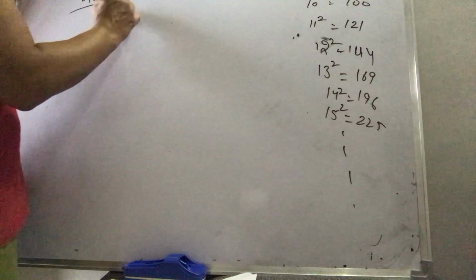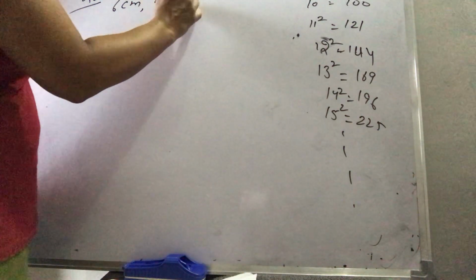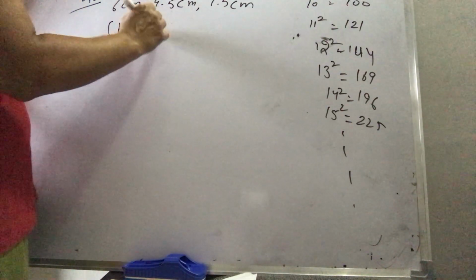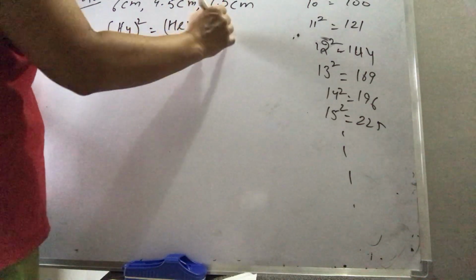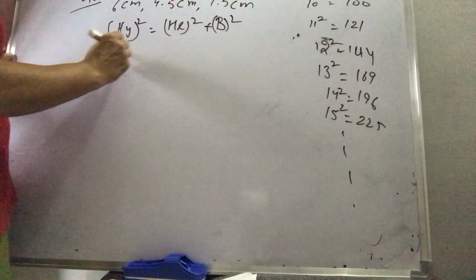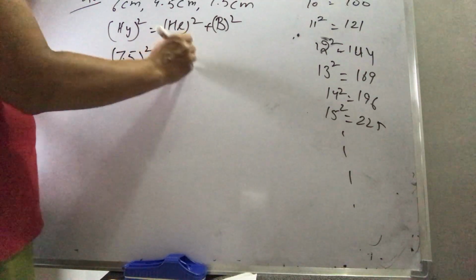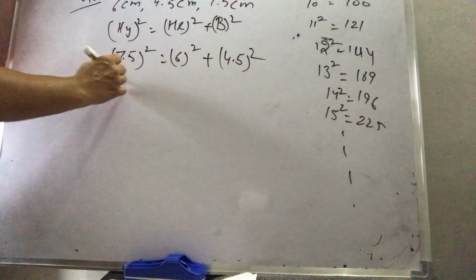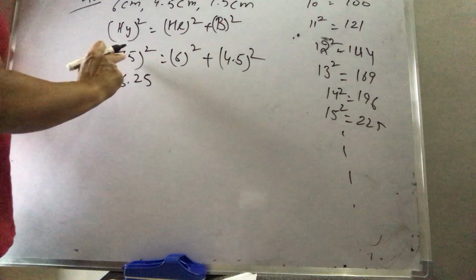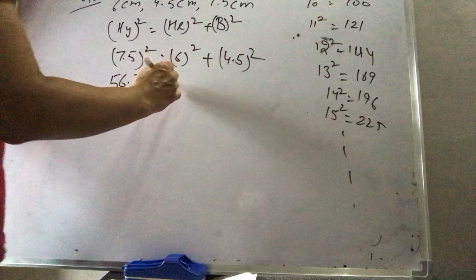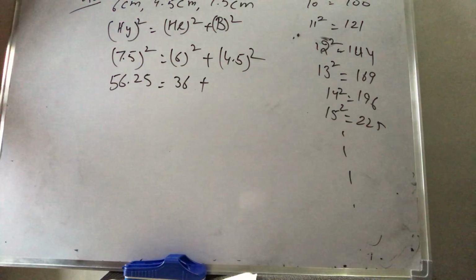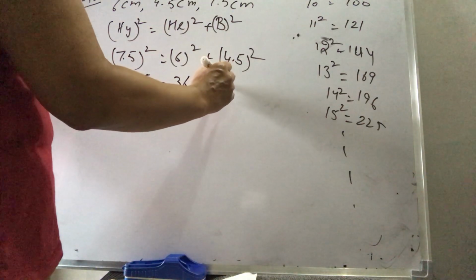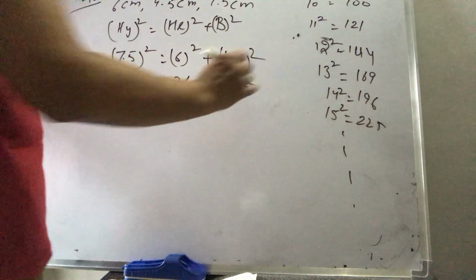We are given the sides 6 centimeter, 4.5 centimeter and 7.5 centimeters. So use the Pythagoras theorem. The longest side is 7.5, that will be the hypotenuse. Height 6, base 4.5. 7.5 square will be 56.25, that is 7.5 multiplied by 7.5. 6 square is 36, and 4.5 square means 4.5 multiplied by 4.5, that will be 20.25.